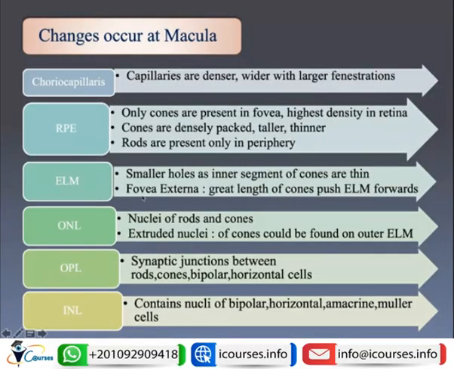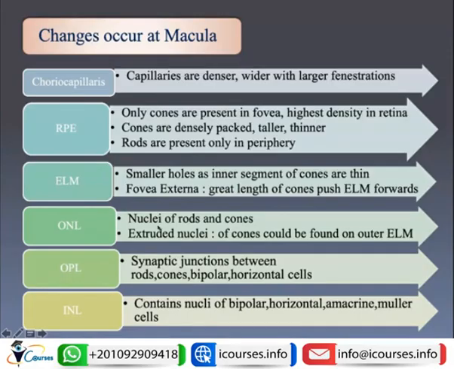And sometimes this can be referred to as the fovea externa. So the fovea externa means that there are tightly packed cones in the central retina, or the center of the macula. These tightly packed central cones will cause pushing of the external limiting membrane forward. So it acts as if it is another fovea with its concavity. It's called the external fovea or fovea externa.